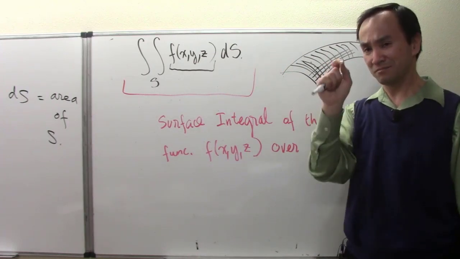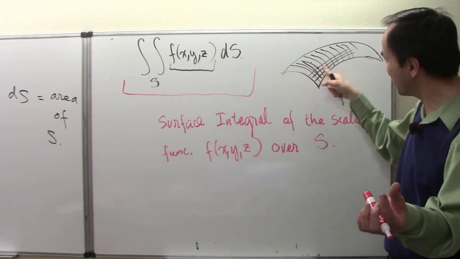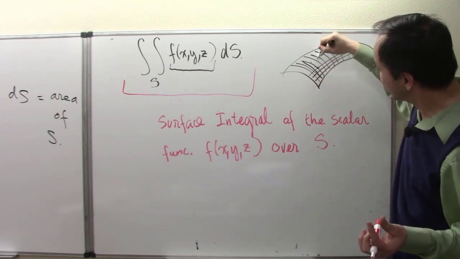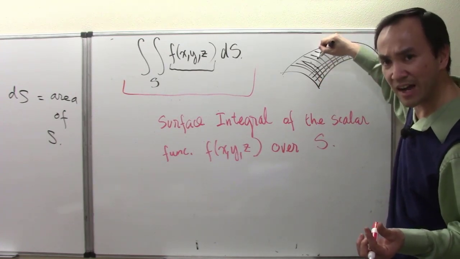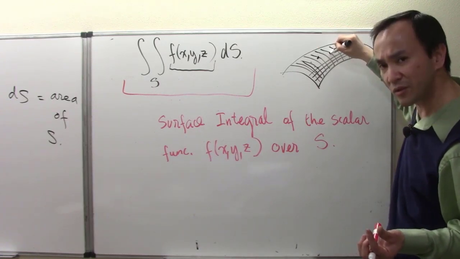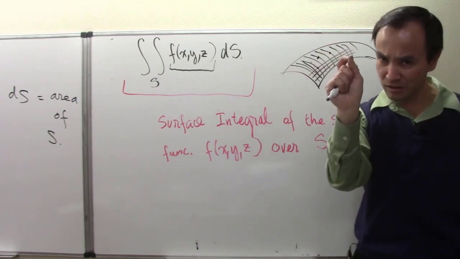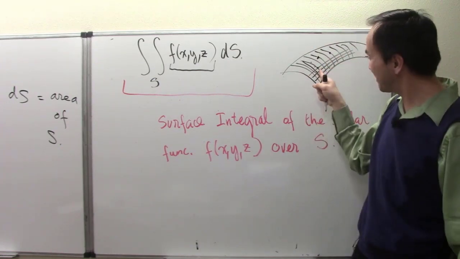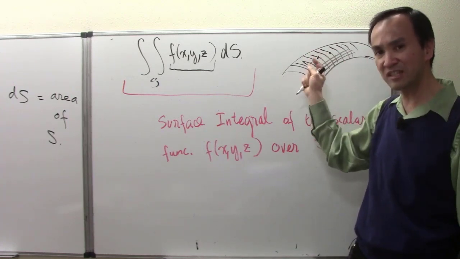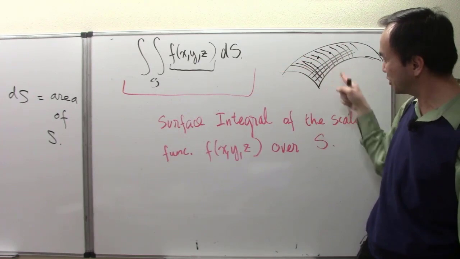So maybe at this sub area unit we have some lower function value, and at that other sub area unit we have some higher function value, and maybe at some other sub area unit we're at some even negative function value, and then we're accumulating all of those. We take the products between the function's value and the sub area units, and then we accumulate all of those as a double accumulation in two directions like that.